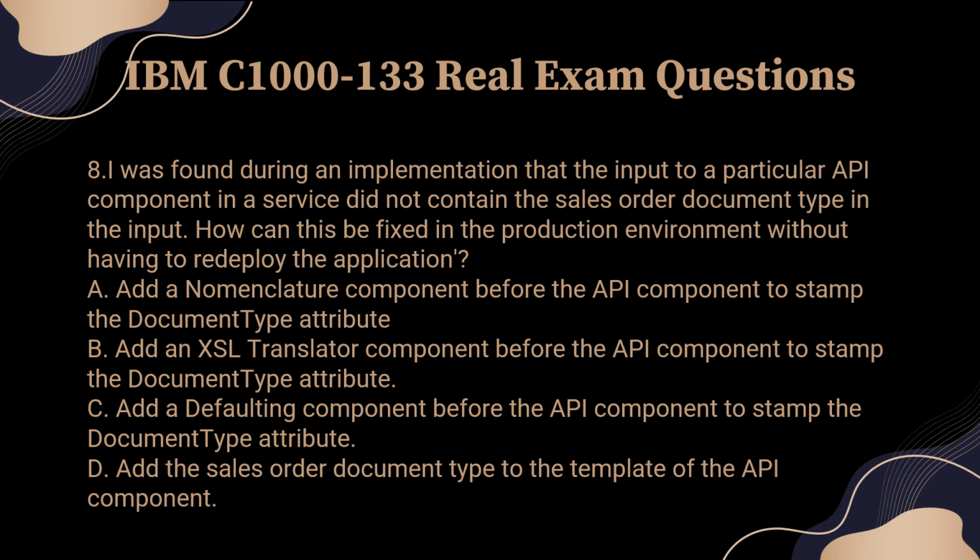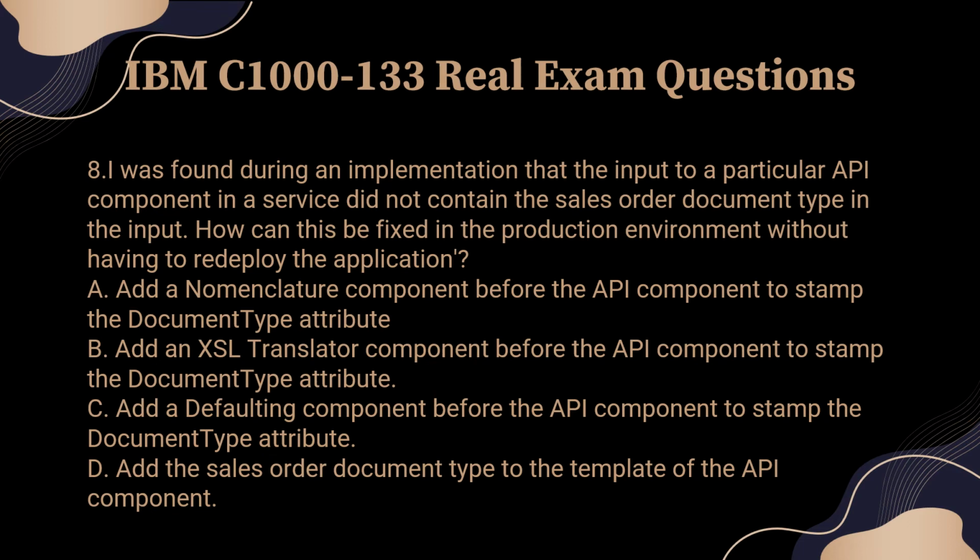8. It was found during an implementation that the input to a particular API component in a service did not contain the sales order document type in the input. How can this be fixed in the production environment without having to redeploy the application? A. Add a nomenclature component before the API component to stamp the document type attribute.